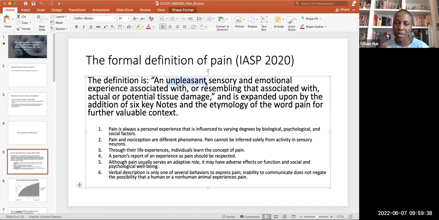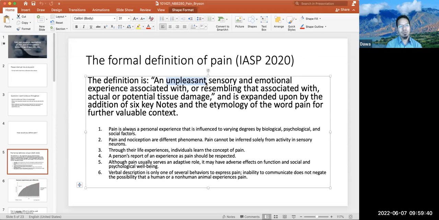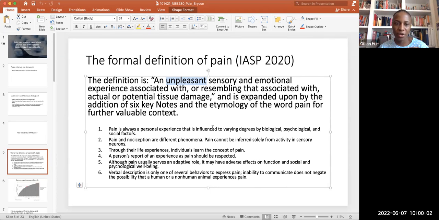It has to be unpleasant. So the physical part that you're talking about is important, but the mental part of how you experience it is what makes it pain.